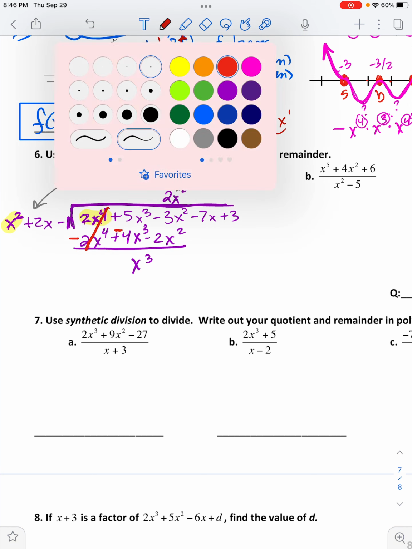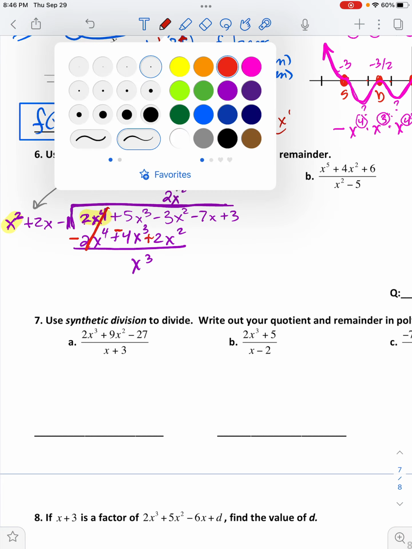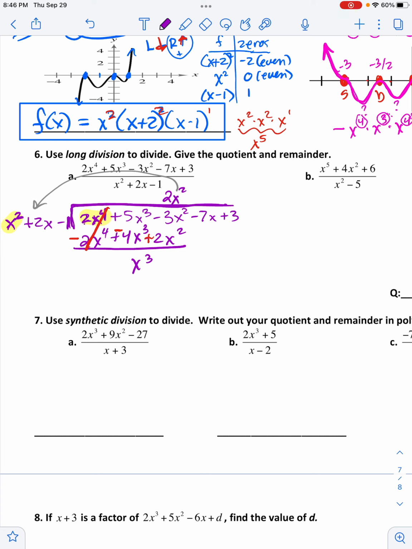Then I'm looking at negative 3x squared minus a negative, which will turn to positive and leave me with a negative x squared, bringing down my minus 7x. Okay, then I start over. Then I think, what is going to turn my x squared into an x cubed? And the answer is multiplying it by a positive x.